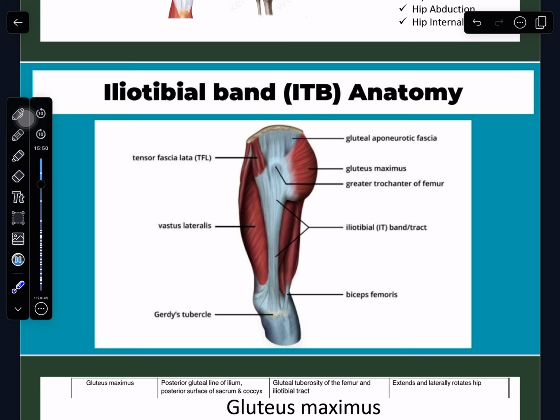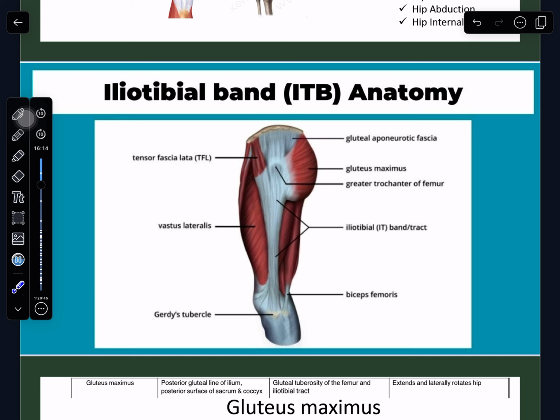I will accept IT band, but just as a rule of thumb, typically most abbreviations will not be acceptable on the practical. IT band is probably the only exception that I'm gonna really take on the practical, right? I don't want to see TFL for tensor fasciae latae, but IT band I will take. IT tract, you might hear it called.